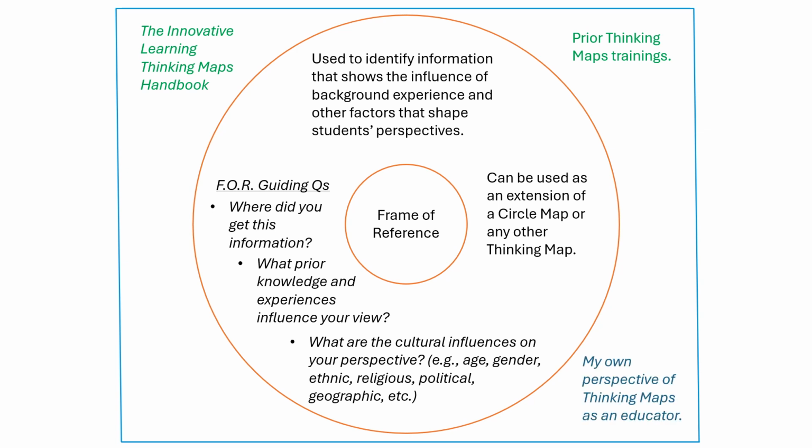Then, if you have any influences which have guided your thinking map and what you've written, you might use blue. So my own perspective of thinking maps as an educator. And then finally, any kind of main ideas or titles to help people understand what your map is about would be in red. So in this case, it's why do we use a frame of reference?